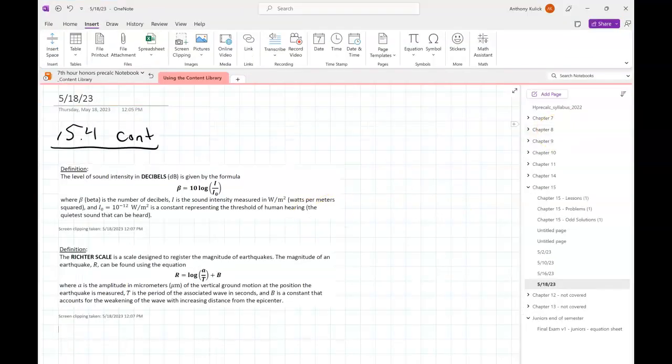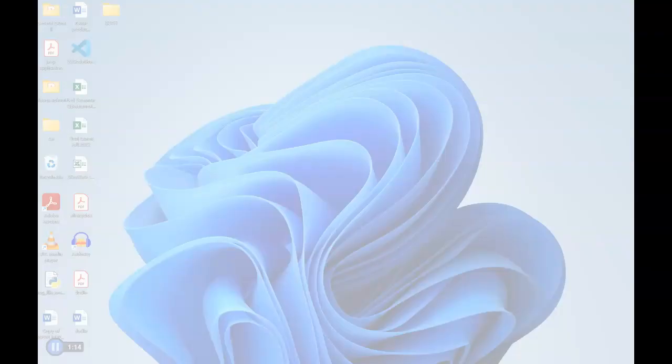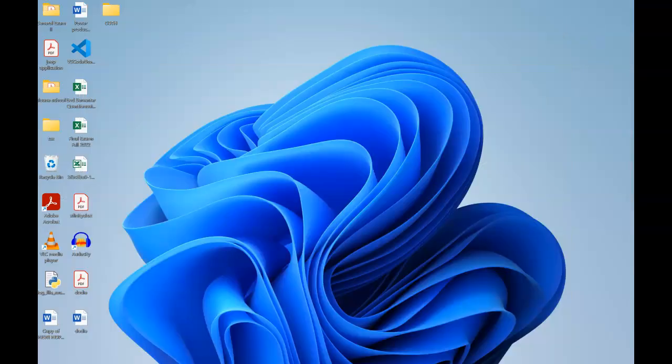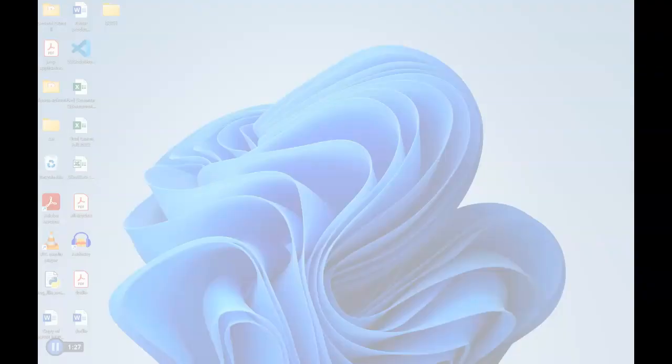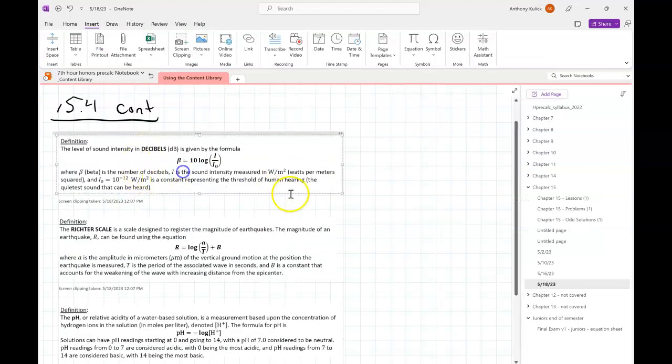So we're going to see situations that come from chemistry and physics and earth science and a variety of different places where we have natural phenomena that obeys an exponential or logarithmic pattern.